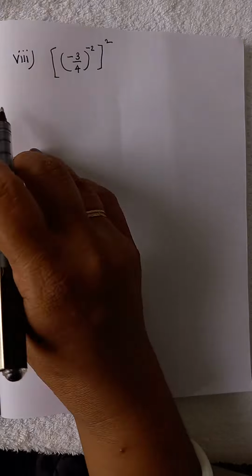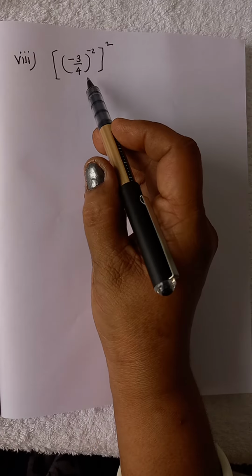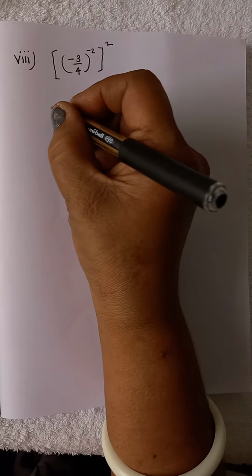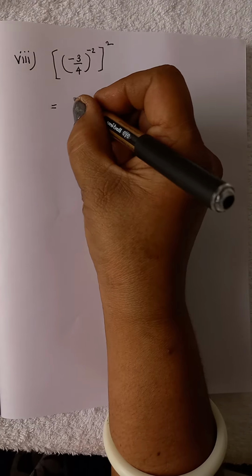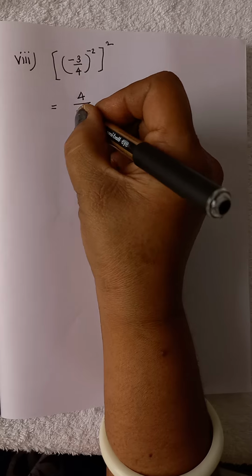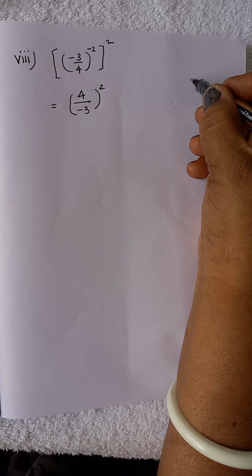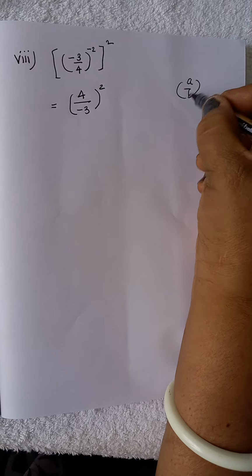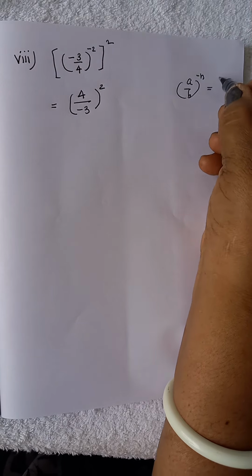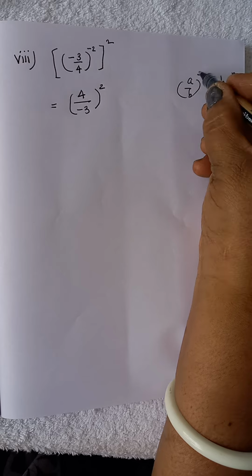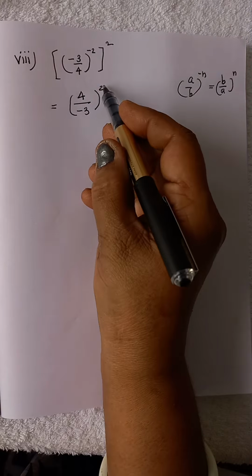Now the eighth question is (minus 3 by 4) raised to minus 2 whole raised to 2. Now this can be written as (4 by minus 3) raised to 2. That is like this, a by b raised to minus n is equal to its inverse b by a raised to n. Positive will become positive here. So like that.